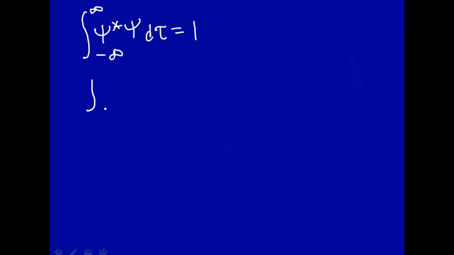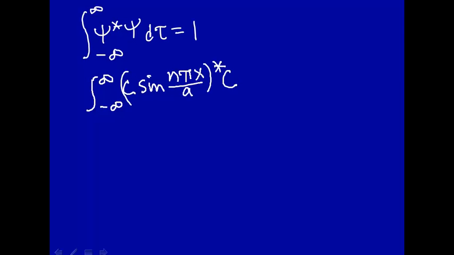So we have the integral from minus infinity to infinity of c sine of n pi x over a, complex conjugate, times c sine of n pi x over a, integrated over dx.